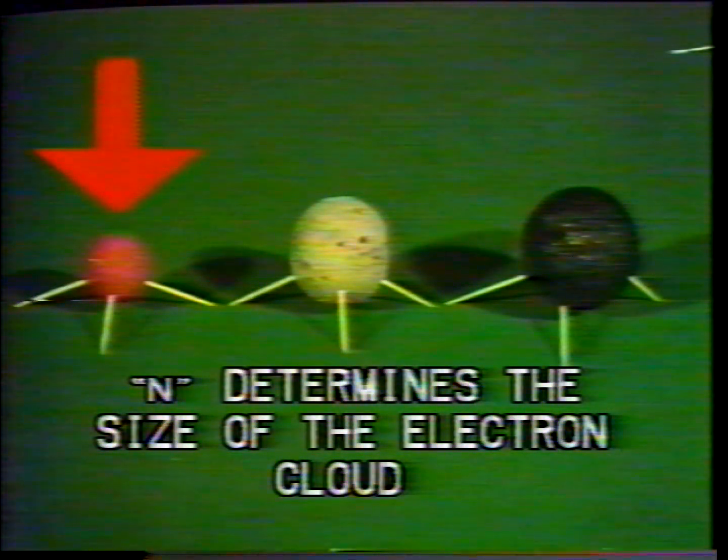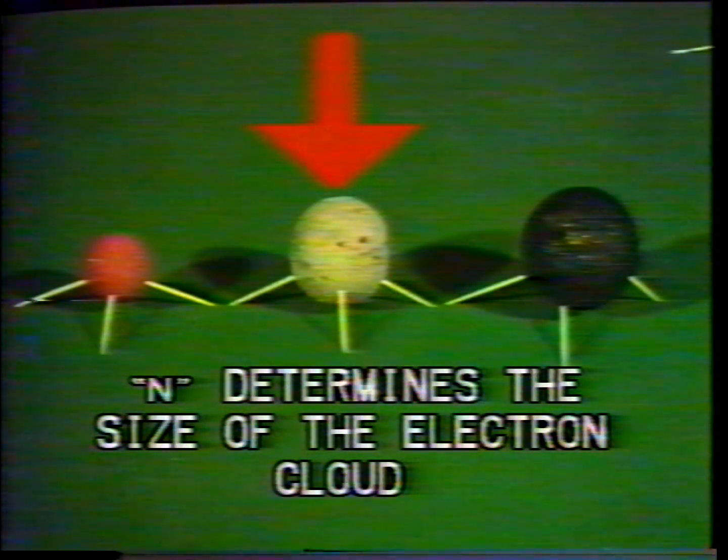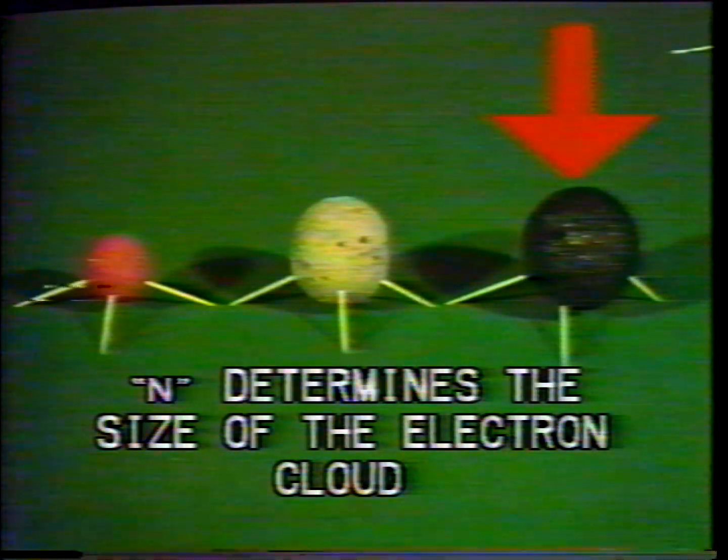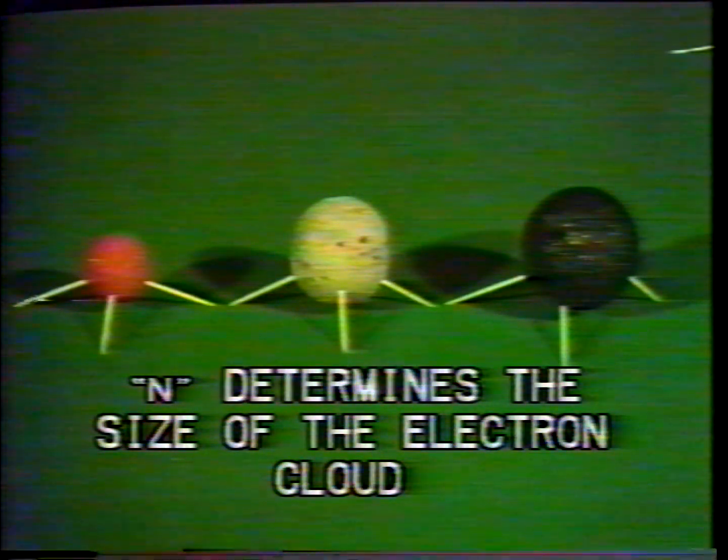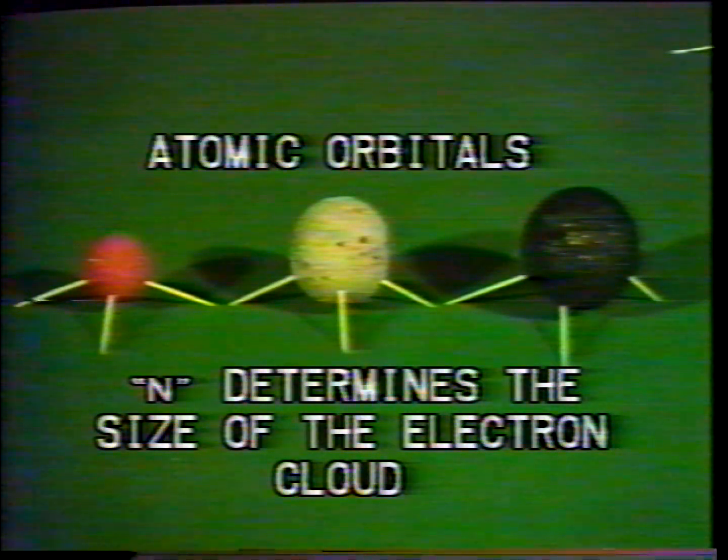If the radius of the first energy level would be approximately this size, then the second would be this size, and the third would be this size. These electron clouds may be called atomic orbitals. Sometimes these are called K, L, M, N, O, P, Q shells and are illustrated in this manner.